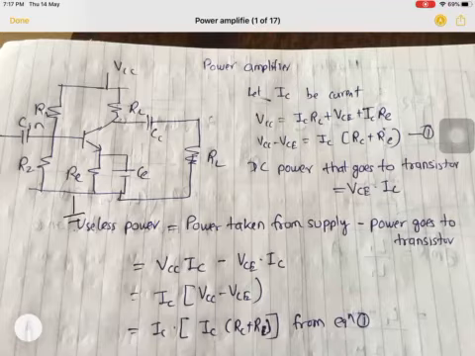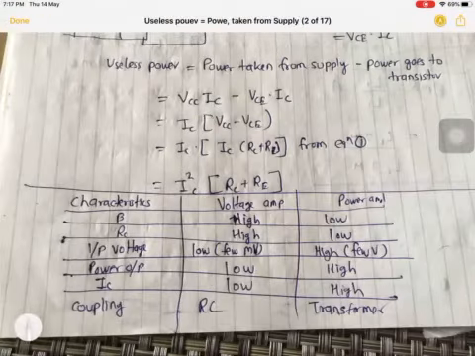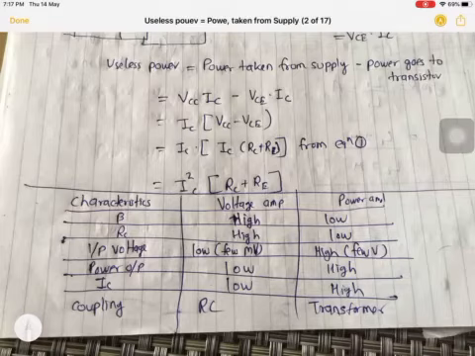Taking IC common, we get VCC minus VCE. Now putting the value of VCC minus VCE from equation 1, we get IC squared times RC plus RE. This is the amount of power loss that is happening in voltage amplifier.